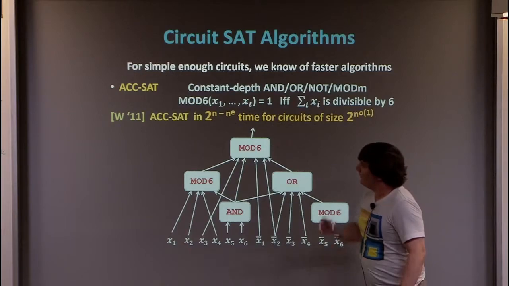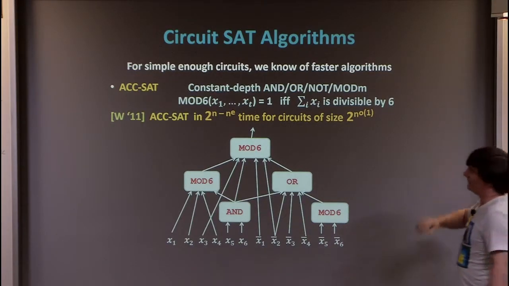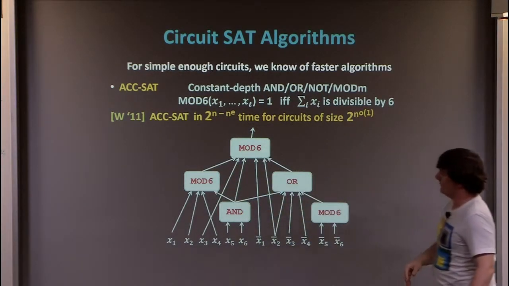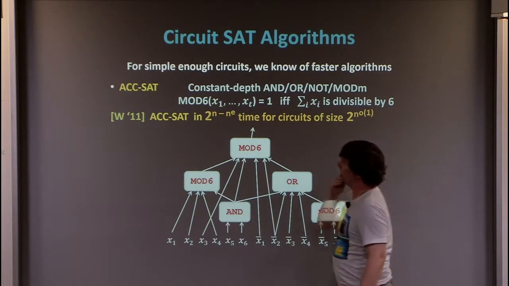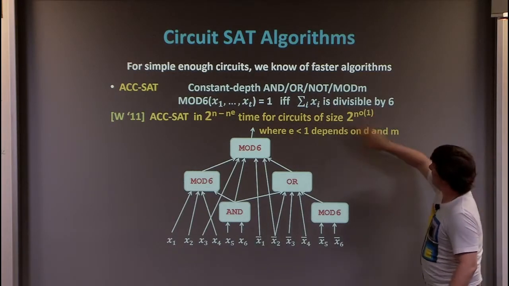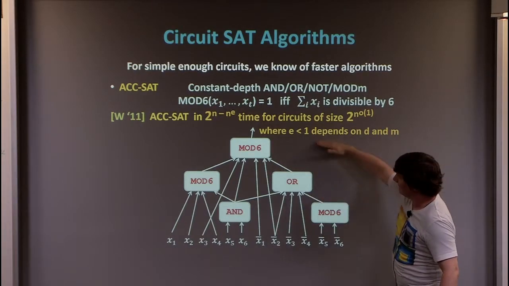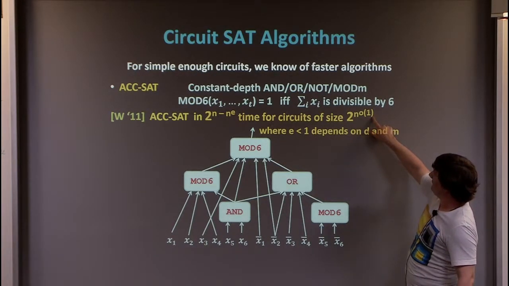And so something I proved a while back is that actually there's a faster SAT algorithm for this class, which is interesting because there were essentially no non-trivial lower bounds known for this class, yet you can solve the SAT problem faster. So essentially what this is saying is that you fix a depth d and fix one of these moduli m. Now I'll give you a circuit over MOD m gates of that depth, and let's say it has sub-exponential size.